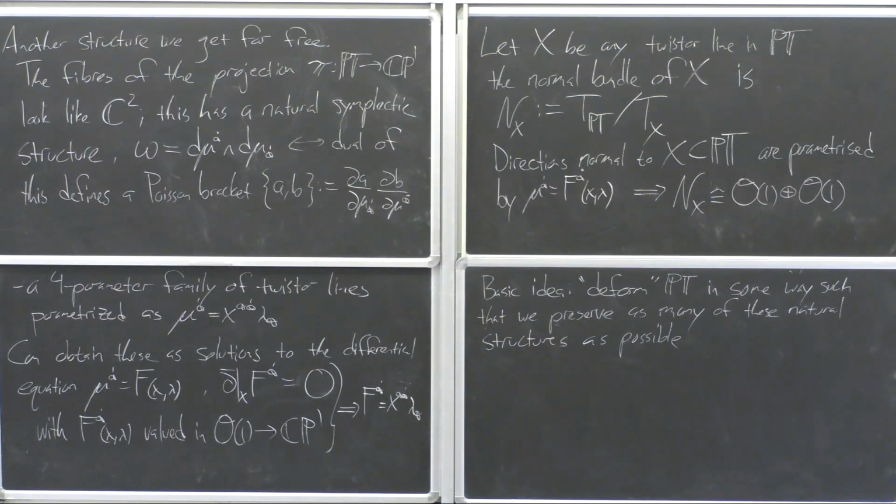Yes? Would you be interested in extending the symplectic structure to the full twistor space, or for the rest is it enough to have it just on the fibers? If it extends to the full twistor space, you actually lose asymptotic flatness. So it's very important that it only exists on the fibers.